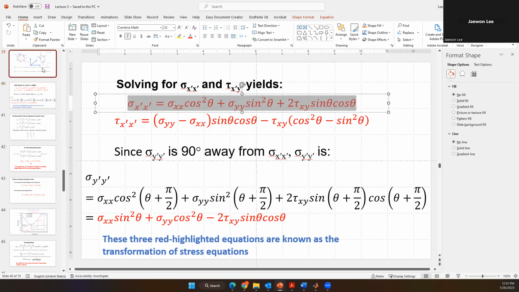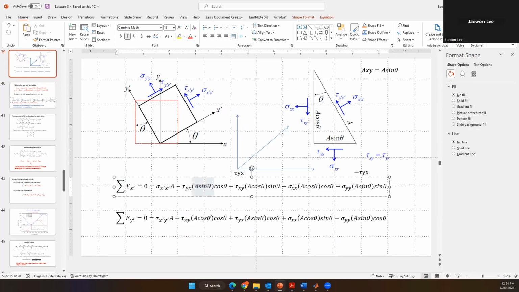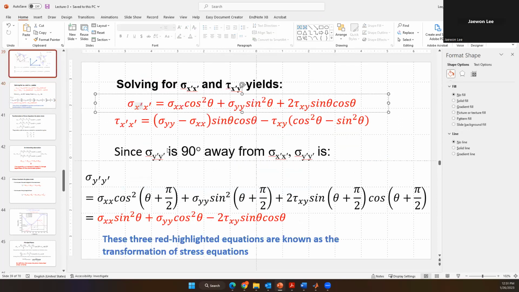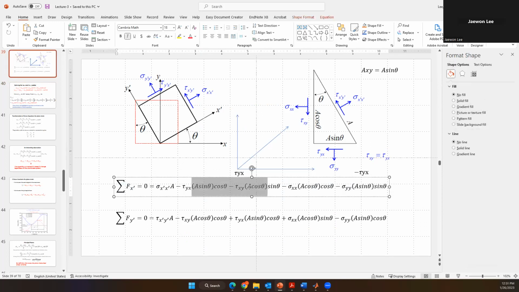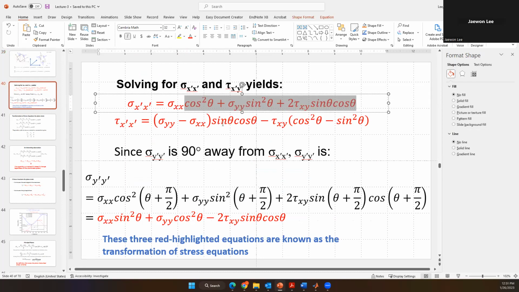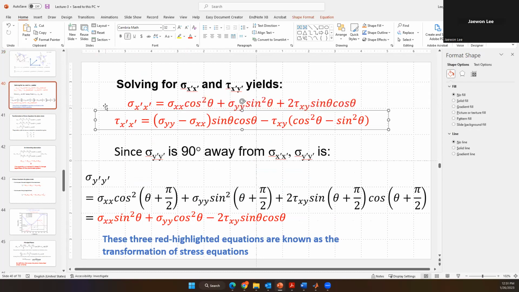It's exactly the same as this one, sigma xx, this one, and this one. Then tau yx is explained.